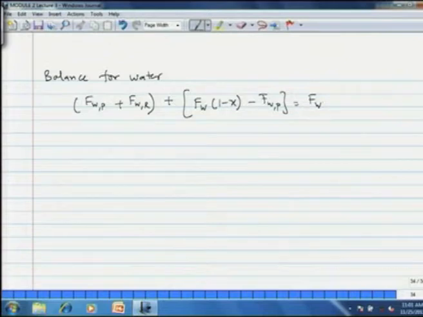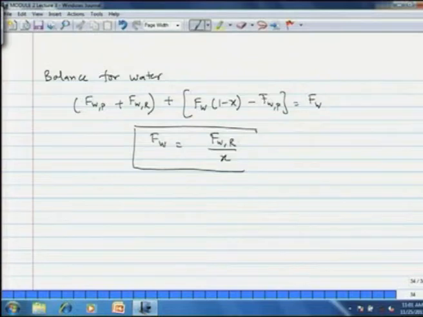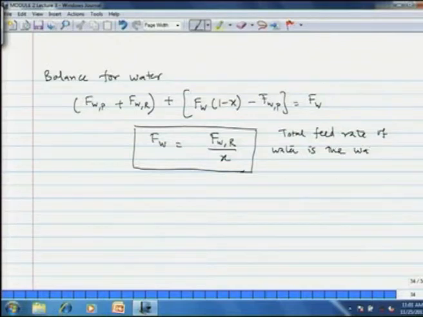And then if you simplify this, we get a very similar expression as in case of HDA process. This FW is FWR by X. The total feed rate of water is the water required for reaction divided by the conversion.